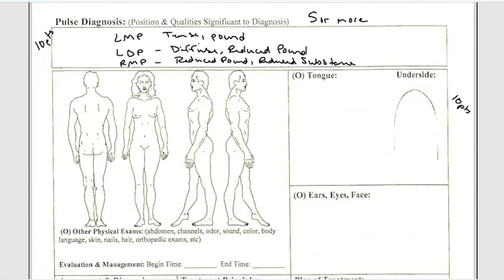The tongue. Just as long as you draw and maybe write out a little bit of something, more detailed is best. So let's say you have red at the tip. Let's say you have scallops.